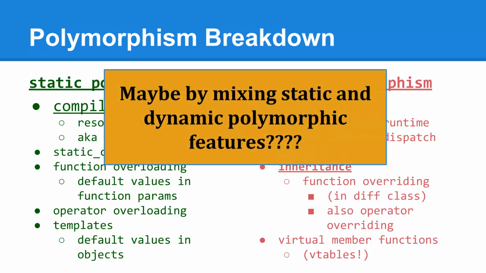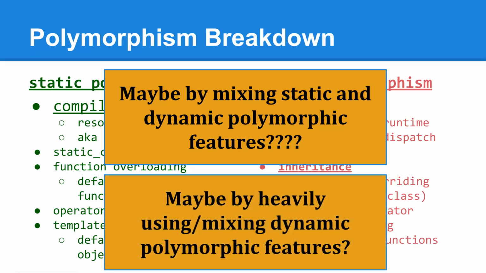One way is perhaps by mixing static and polymorphic features on both sides, just mixing and perhaps abusing these. Or maybe heavily mixing just all the dynamic polymorphic features. Maybe the runtime security checks and compiler checks won't be able to keep up.